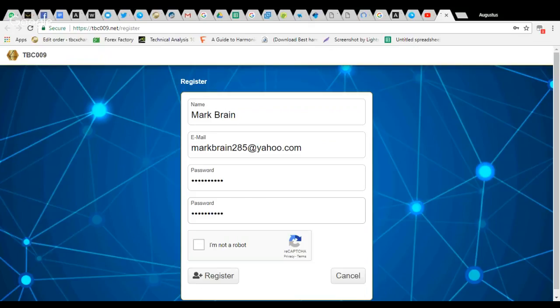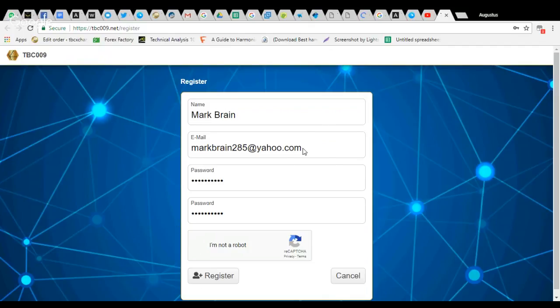Your registration email has to tally with, or be the same as, the email of the old wallet you are using to register for the new account.